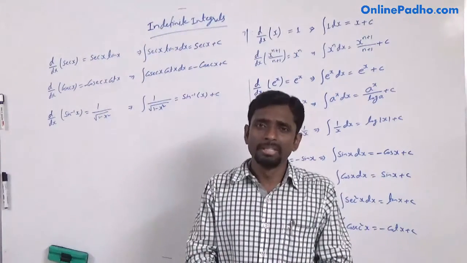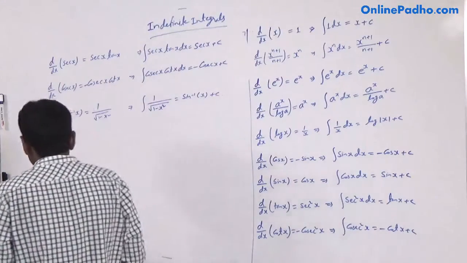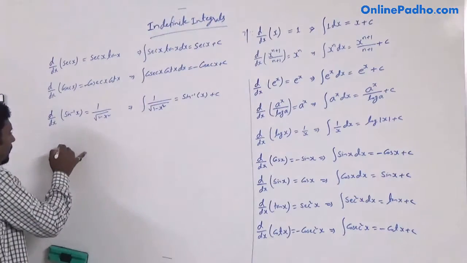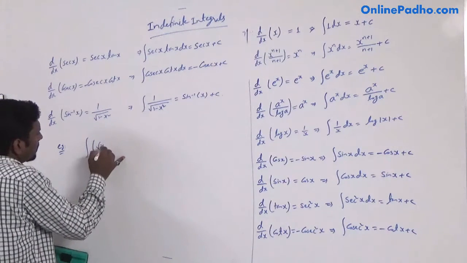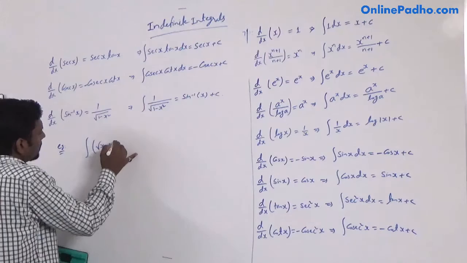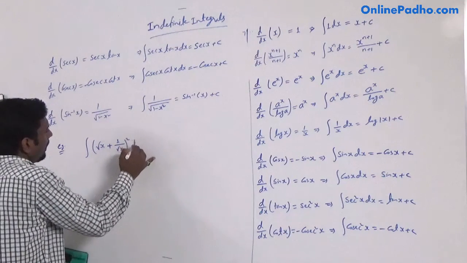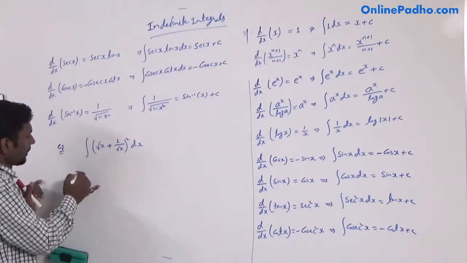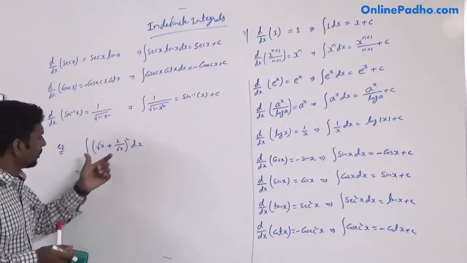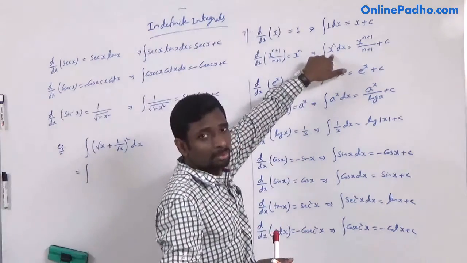So now by these formulas, we can solve each and every question related to this. For example, if we have a question, the integration of root x plus 1 by root x whole square, and we need to integrate this function with respect to x. So how can we integrate this? First, we need to simplify this function and write it in this form, x to the power n.